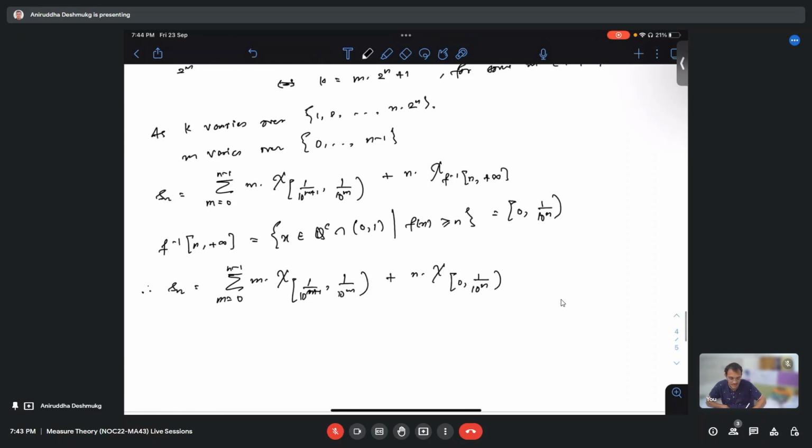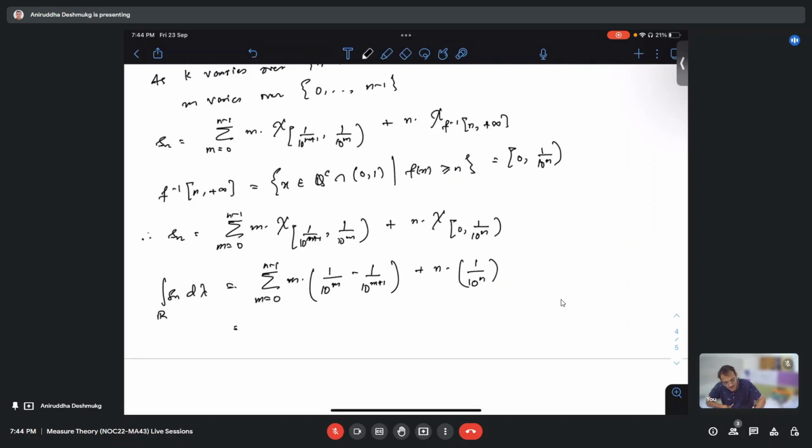Now it is very easy to calculate what this is. The integral of Sn d lambda over R is the sum over m from 0 to n minus 1 of m times the length of this interval, which is 1 over 10 to the power m minus 1 over 10 to the power m plus 1, plus n times the length of this interval, which is 1 over 10 to the power n.